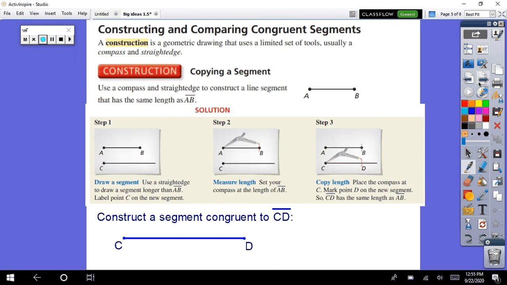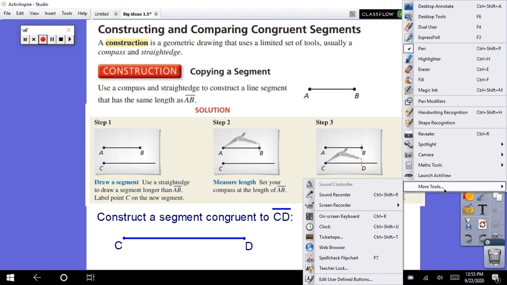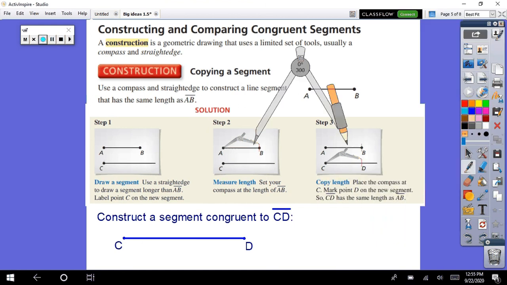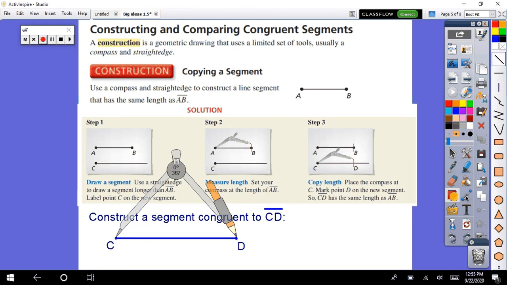All right, now on to the construction part. So we need our compass. Okay, first off, constructing a segment, which is what we were going to do a couple sections ago. Pretty easy to construct a segment. All you have to do is open your compass setting to however long the segment is, in this case CD.